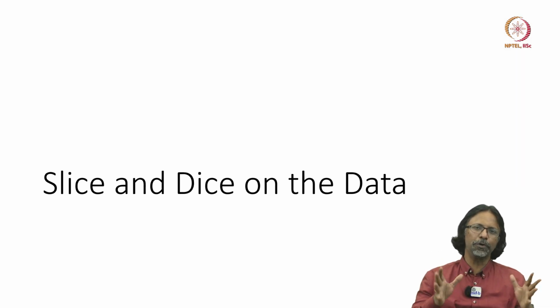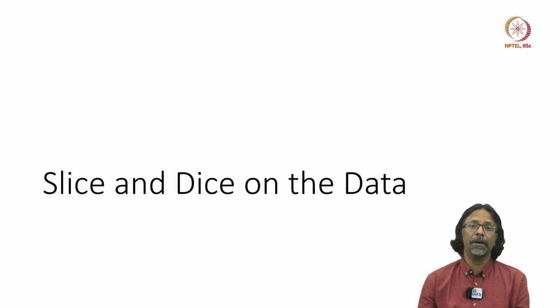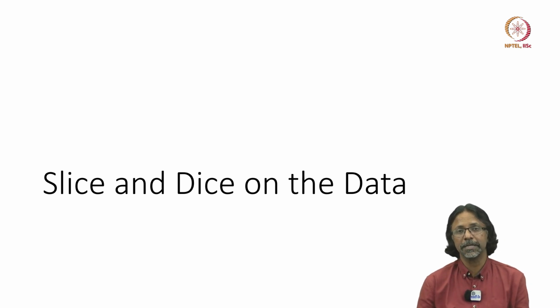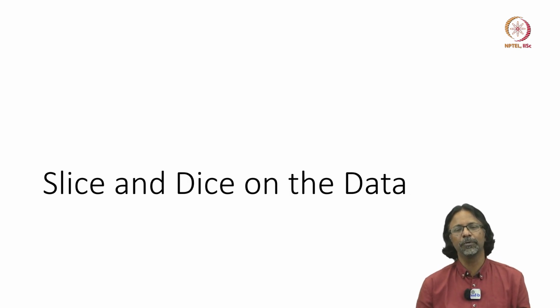I'm going to shift to something very exciting and extremely powerful, a set of operations that you can do with spreadsheet programs, which is essentially analyzing your data. Slice and dice is a somewhat colloquial term, which actually means your ability to analyze the data.